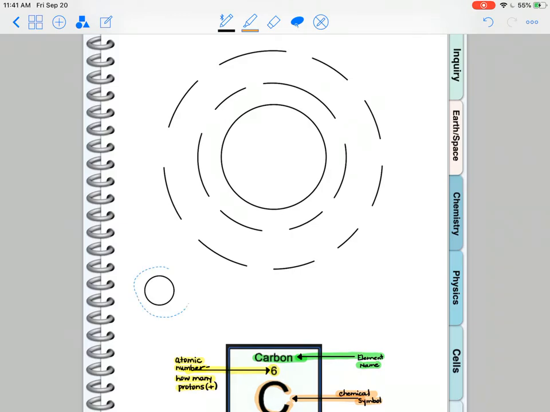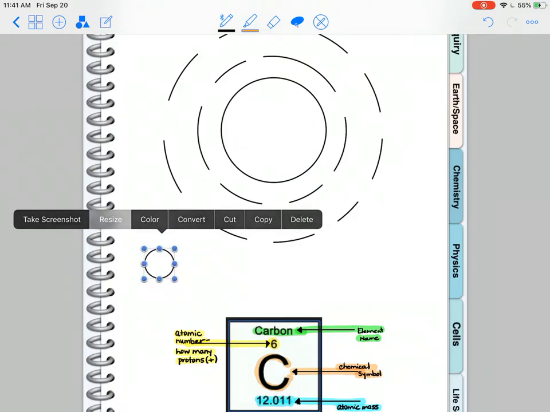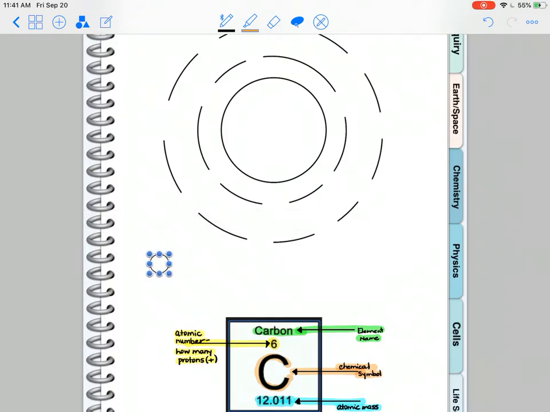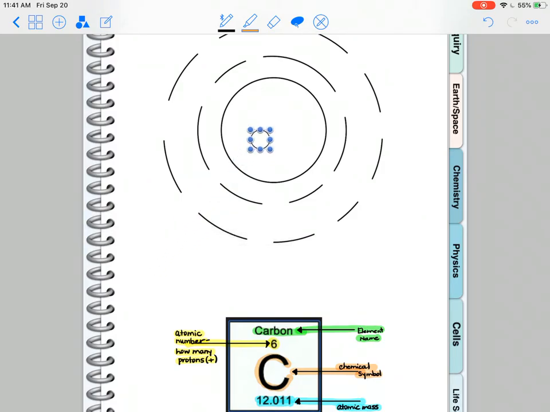And I'm going to copy that. Okay. So the first thing it tells me, let's start with the atomic number, is that there are 6 protons in the nucleus. Now it doesn't say they're in the nucleus. We have to know that. So let me copy this one. Let's put 1.